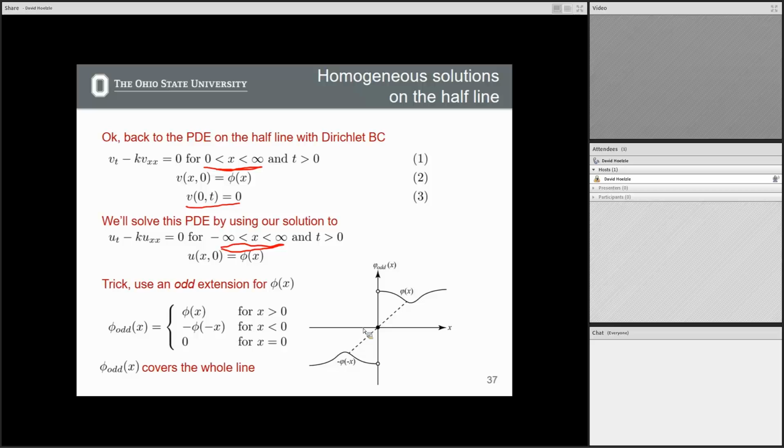An odd function satisfies that phi of x is equal to negative phi of negative x. That's a negative sign, not a positive.